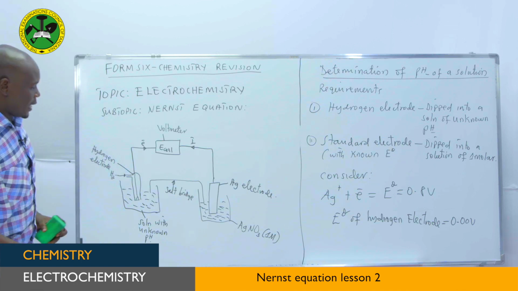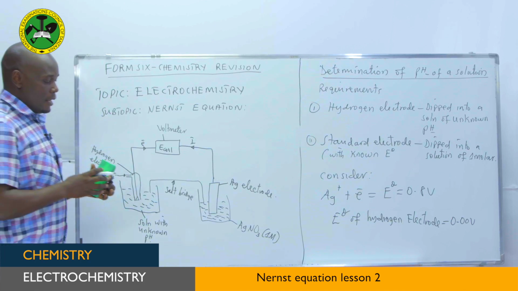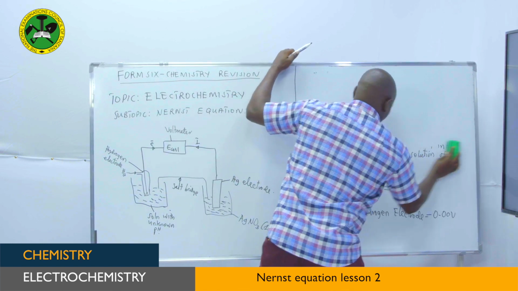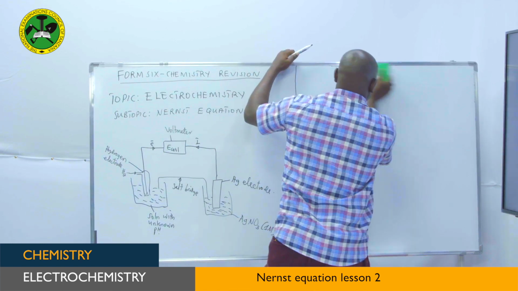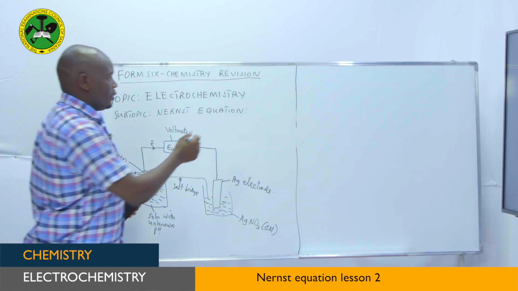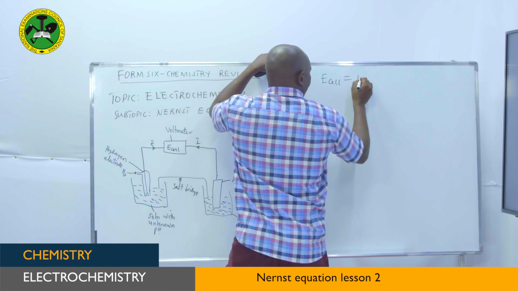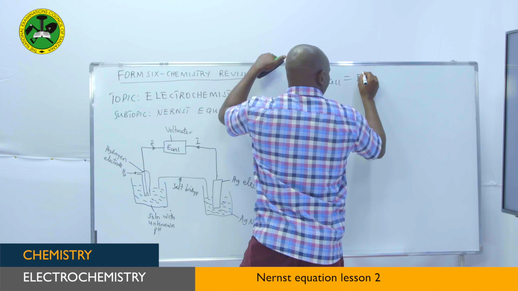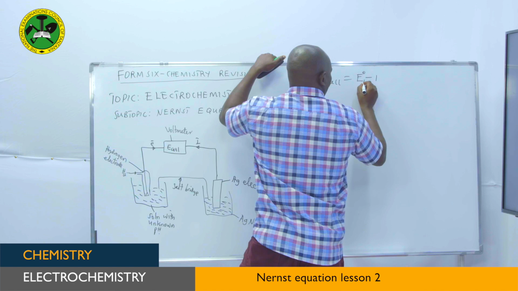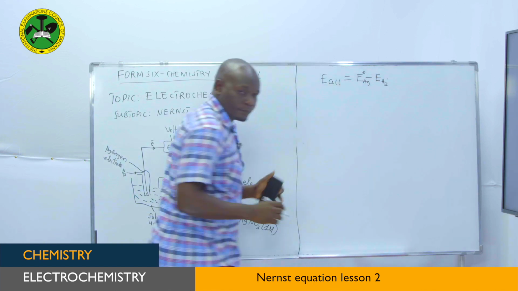So let us now consider how we determine the EMF of a cell, which means that we can go back to the application of the Nernst equation. So in our example, the E of a cell is determined by taking E of silver minus E of hydrogen.